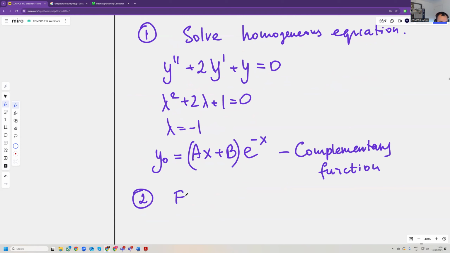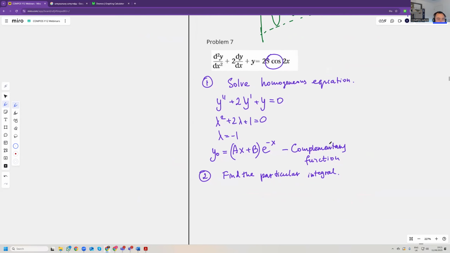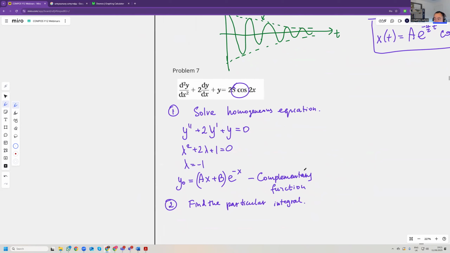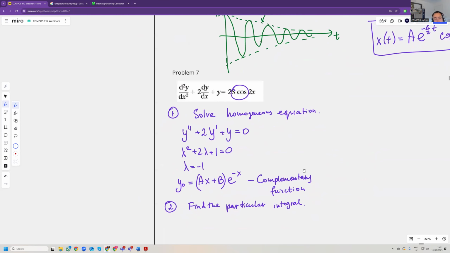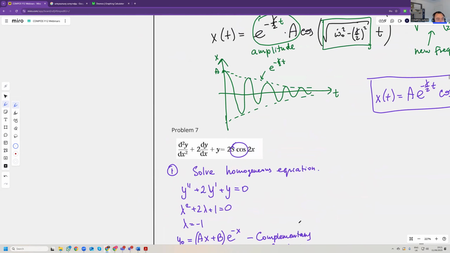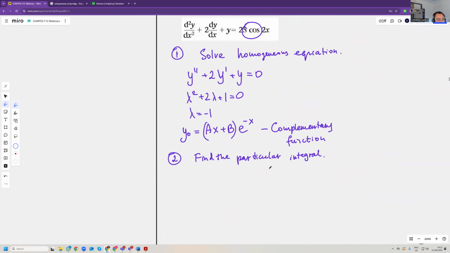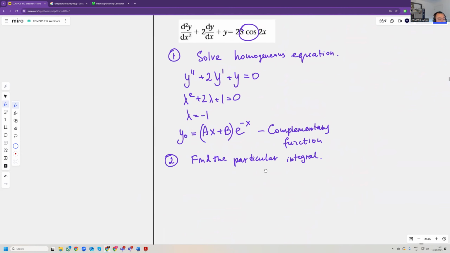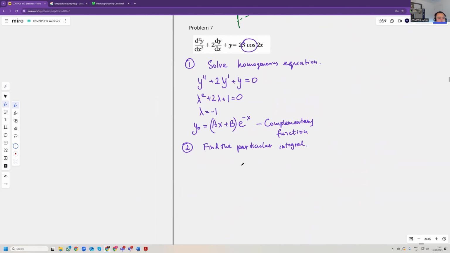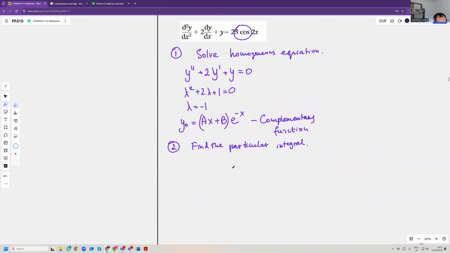And then find the particular integral. Right, find the particular integral, and the particular integral is a function in this form.